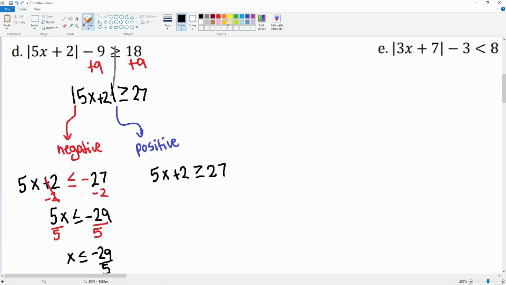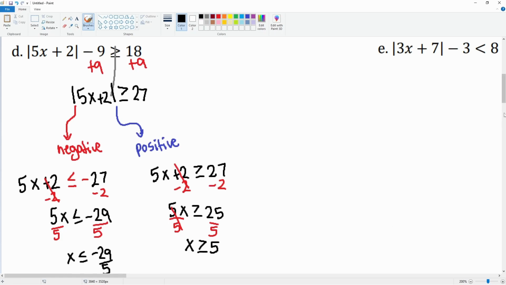And then here, same process, right? The algebra is the same. Subtract 2 from both sides. This is now going to cancel, leaving you with just 5x is greater than or equal to 25. Then divide by 5 on both sides. This does cancel, leaving you with just x is greater than or equal to 5.